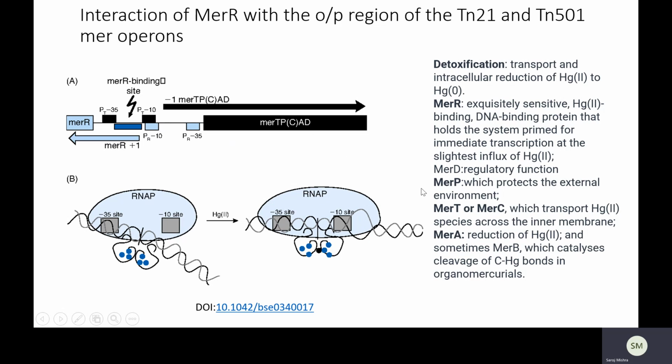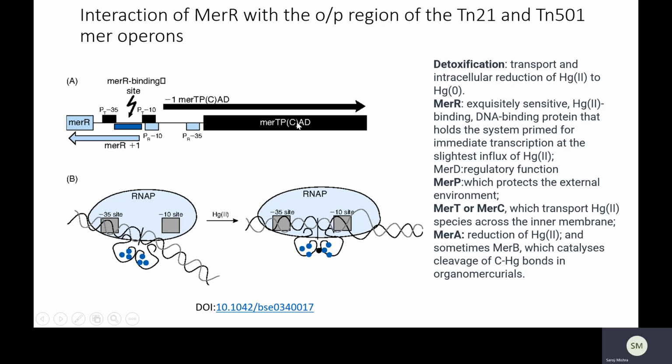MER-P, which you see here, or T or C, all of these transport the mercuric species across the inner membrane. So in other words, the first step in mercuric ion detoxification is that the cells are able to take up the mercuric ions from outside, and that is because of the gene products of T, P, or C, which code for mercury transport.